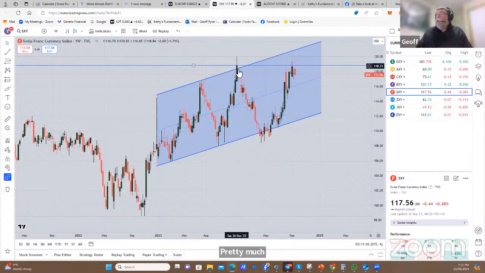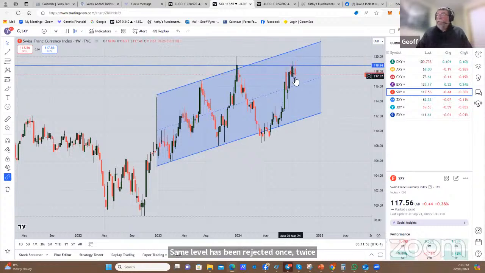That was rejected and drove price down. Same level has been rejected once, twice, three times, four times here in the last month or so. Last week, big game changer bar to the downside, combined with two weeks ago, that's giving me a tweezer top at a very, very strong resistance level.